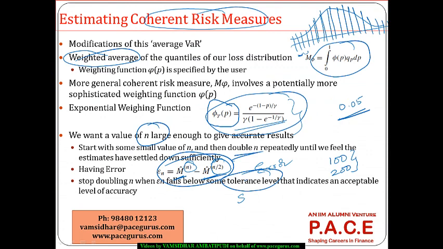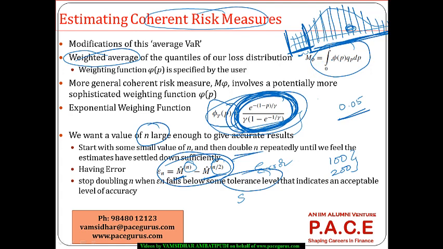So we can very well write a few routines to automate this process, but understanding the traditional coherent risk measure is the key, where the weights are determined by some function. The expected shortfall is a special form of this coherent risk measure where only corresponding to the tail there are equal weights being given, and anything above this, which is not in the tail, has a zero weightage assigned.